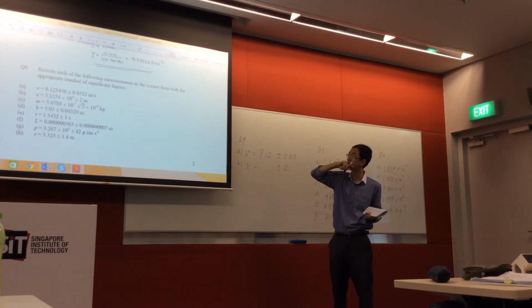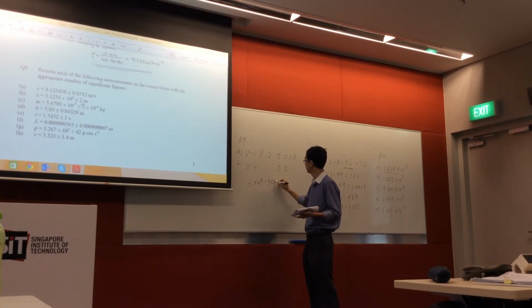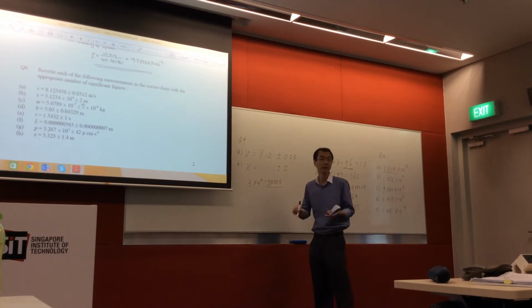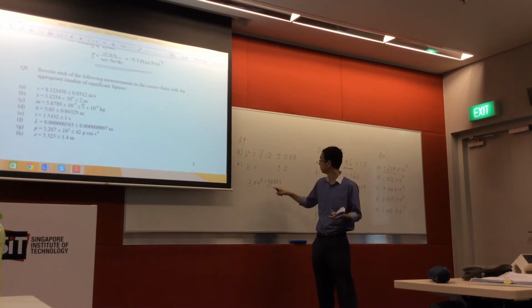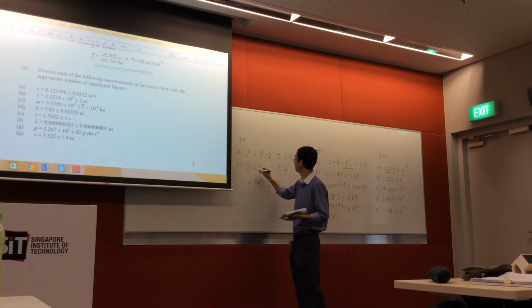If you report it as 3 times 10 to the power 4, your actual number is 30000, so this one has a different order of magnitude. What should you report? You should report 3, 1, 2, 3, 4.